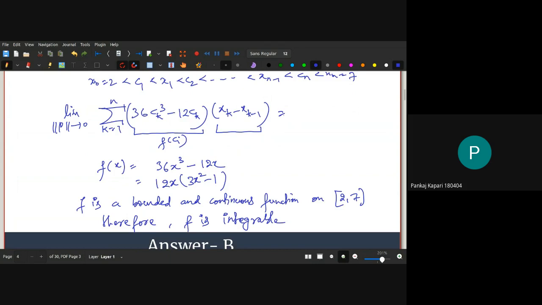Because the function is integrable, this limit must equal the integral of the function from 2 to 7 of f(x) dx. So this is our limit: the limit is basically the integral of the function between 2 and 7.